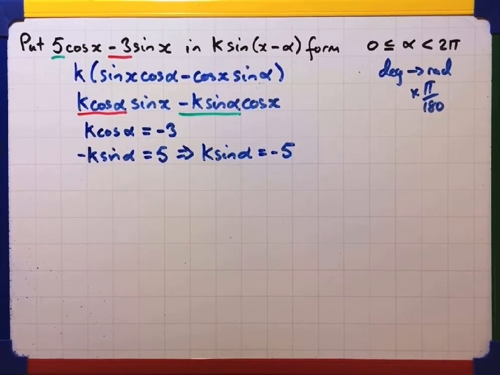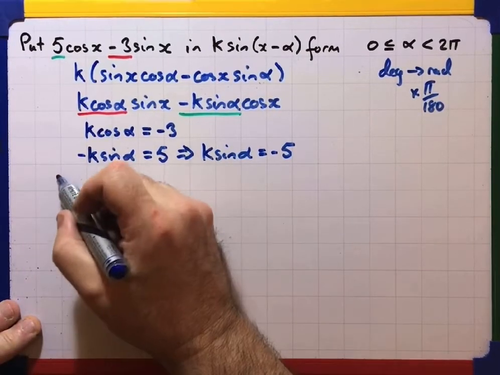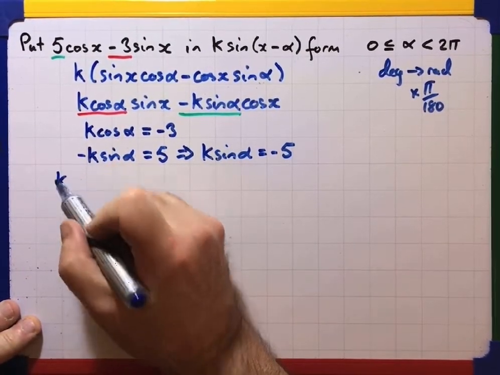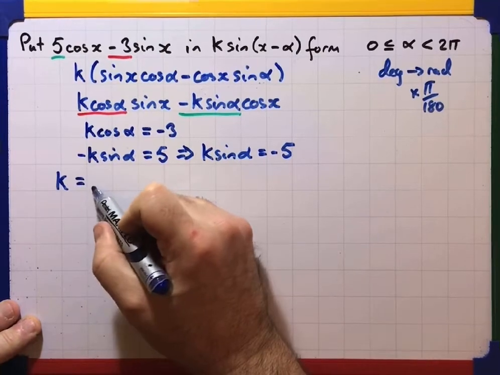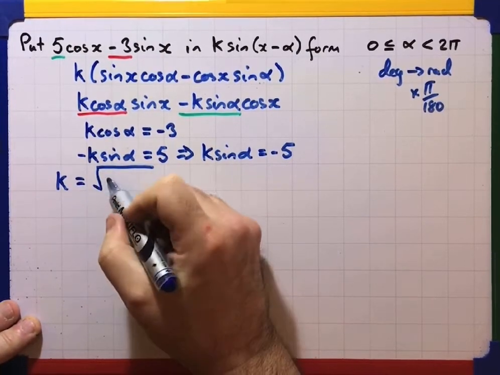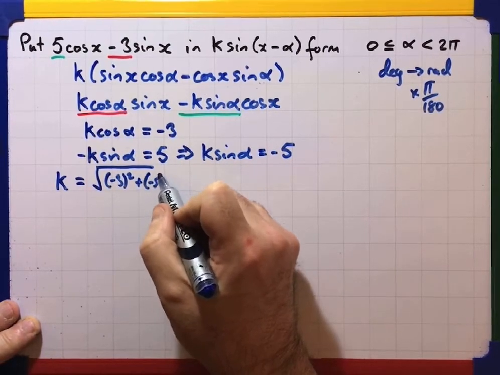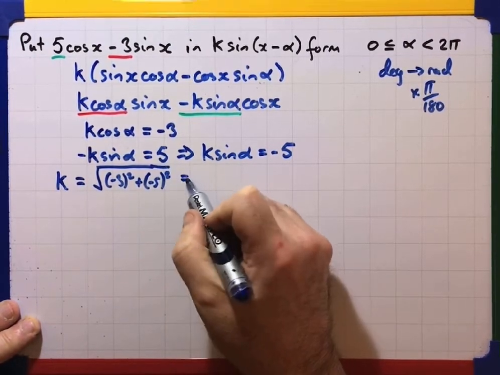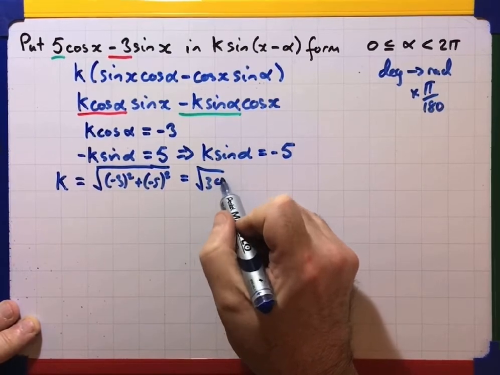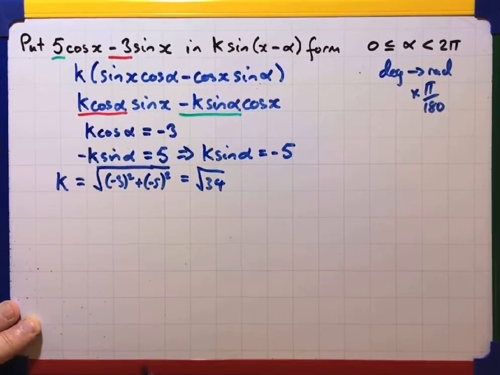So they're both negative here. So let's work out k. Remember, we just square and add them. Be careful with your negative signs. I always stick them in brackets. If we work that out, it will give you a root of 34. Just squaring and adding them.